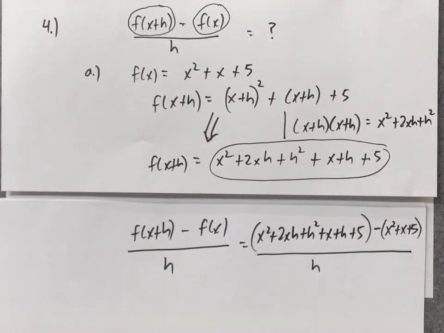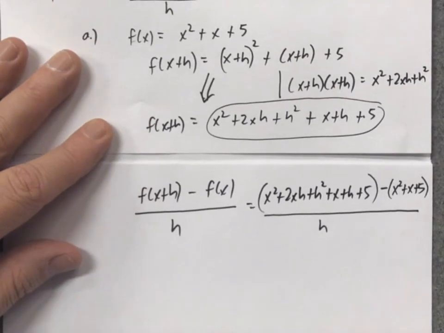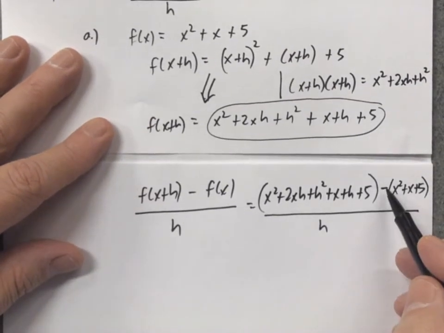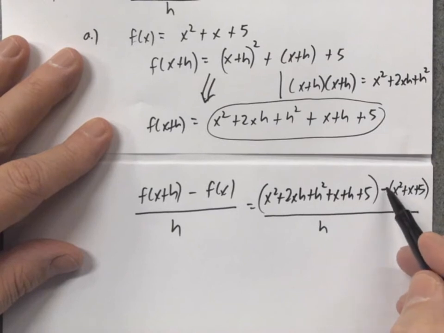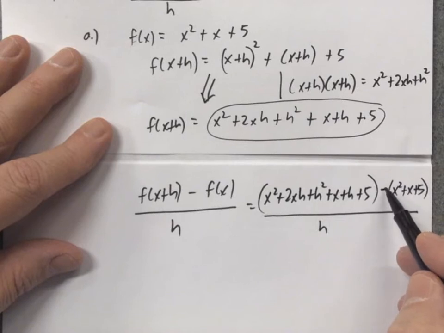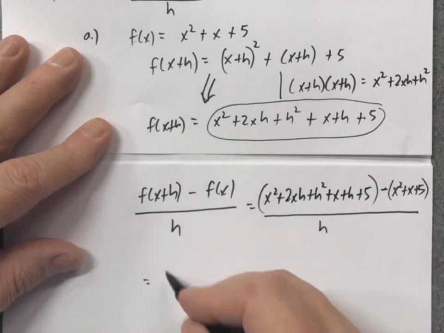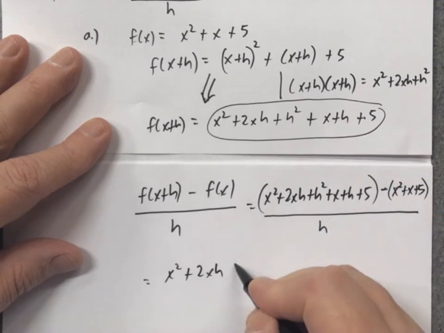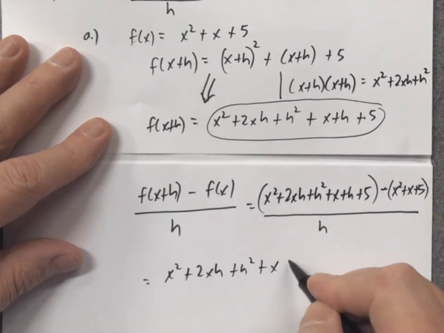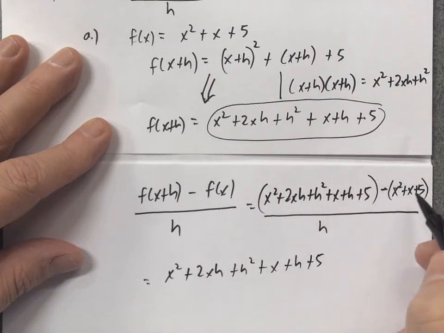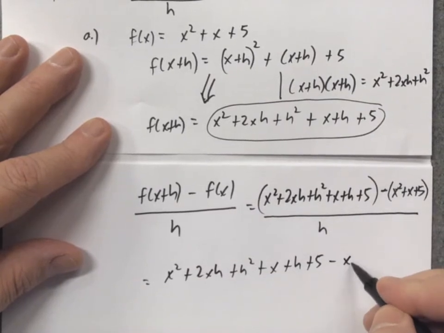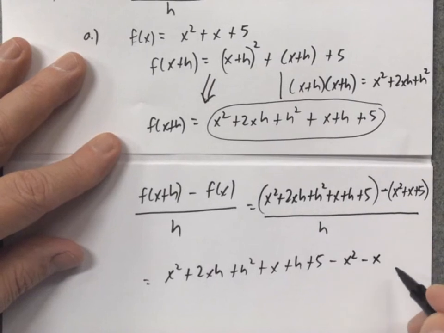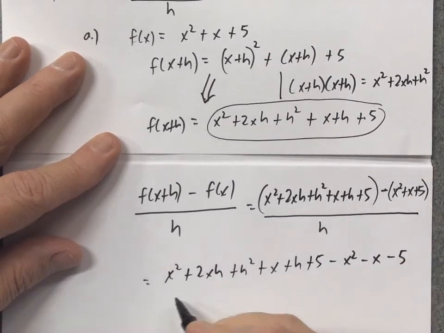Now I'm not going to skip any steps just to make it very clear what we're doing, because when I get rid of this parenthesis, because I'm subtracting it, that minus sign gets applied to every term inside. So let me just rewrite this part. Nothing changes in this first part. Now, this parenthesis, it's minus x squared minus x minus 5.